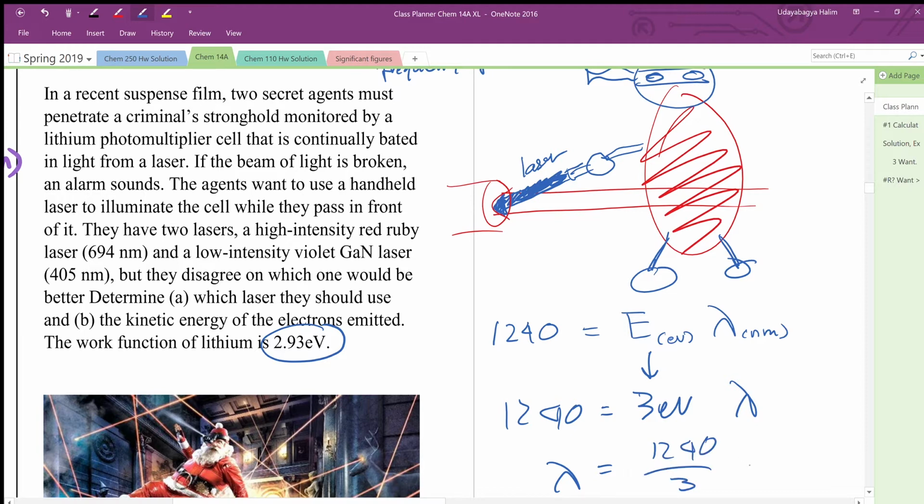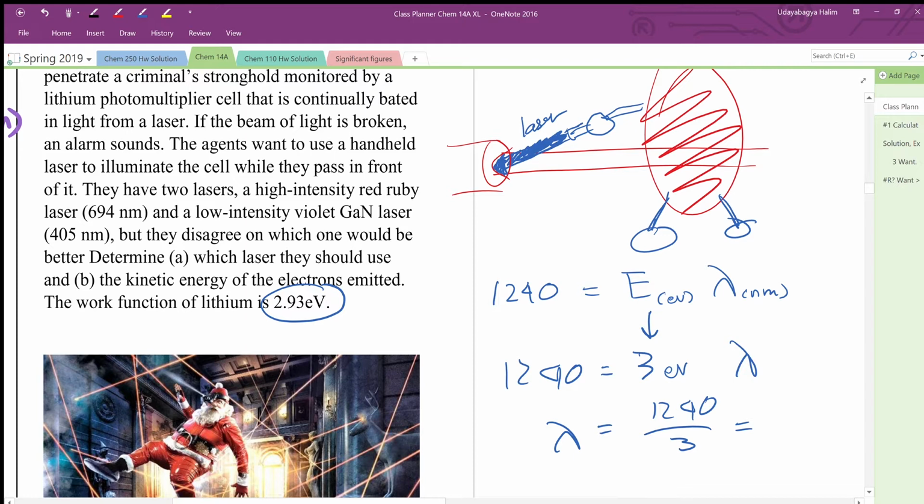It's a much easier and more convenient conversion factor to use. So for 3 electron volts, the wavelength of the light is 1240 divided by 3, which is 413 nanometers.